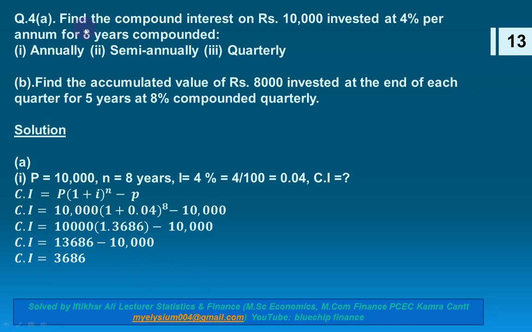Question number 4: find the compound interest on rupees 10,000 invested at 4% per annum for 8 years, compounded annually, semi-annually and quarterly. And find the accumulated value of rupees 8,000 invested at the end of each quarter for 5 years at 8% compounded quarterly. So the first case is the case of compound interest.